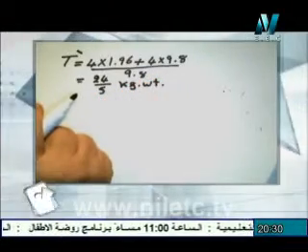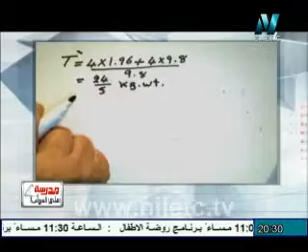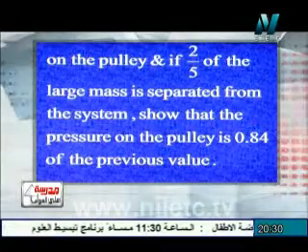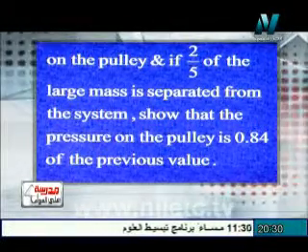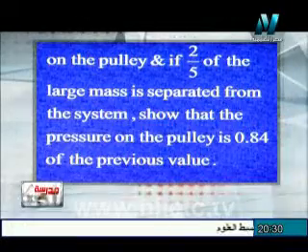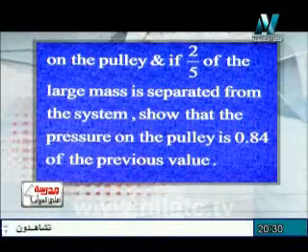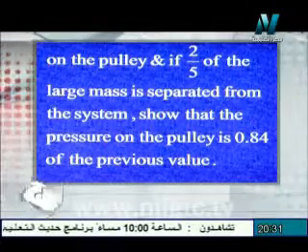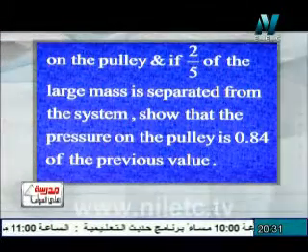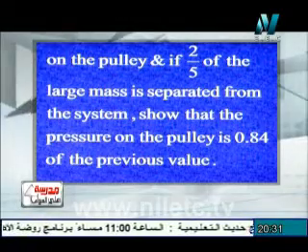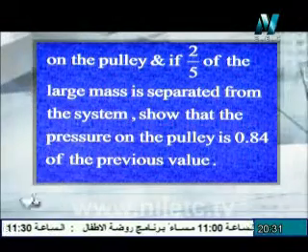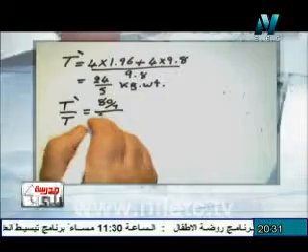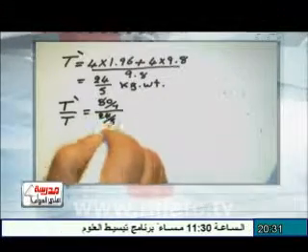Now the requirement shows that the pressure on the pulley, which is T dash, is 0.84 of the previous pressure value. Therefore, T dash over T is equal to 80 over 7 divided by 24 over 5.